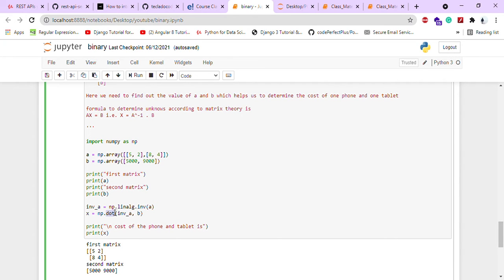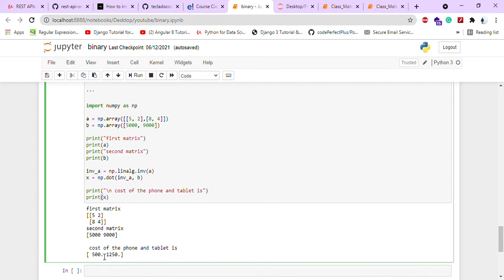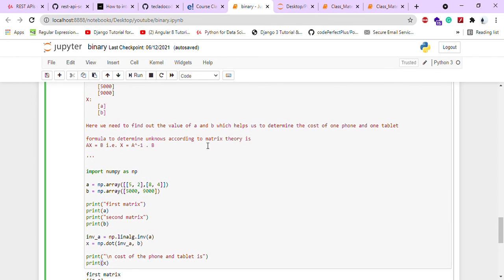So in a simple way I completed this formula in one single shot, using linear algebra and dot product. Now I print x, where all the values are stored. The value is 500 comma 1250. So here is the exact cost of the phone and tablet. I have found it.